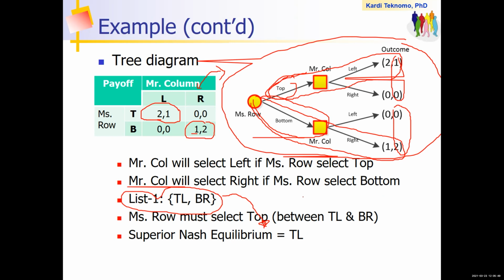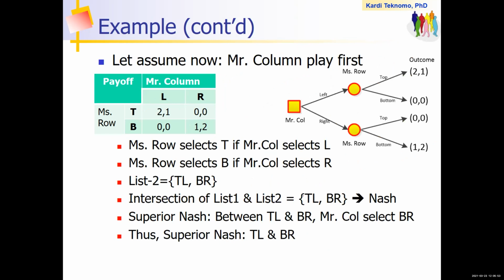Okay. This is still this one. So we go to the second step. Now you assume Mr. Column will play first. So if Mr. Column plays first, again you use this game matrix, the payoff, to draw the decision tree.